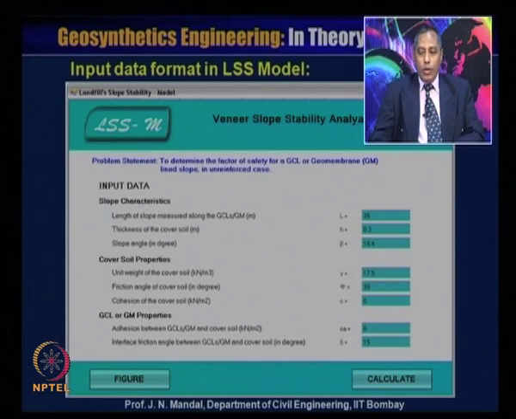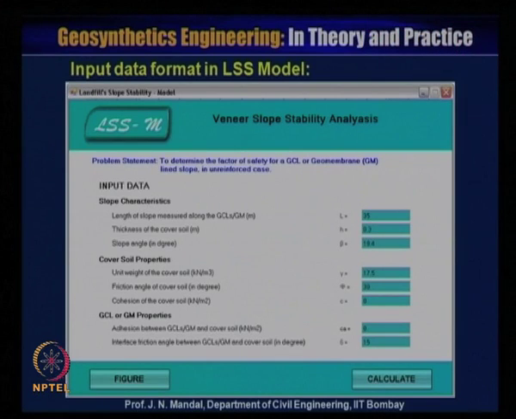So, adhesion between the geosynthetic clay liner or geomembrane and the cover soil, that is Ca, is equal to 0, and interface friction angle between the geosynthetic clay liner or geomembrane and the cover soil is 15 degree. So, this input data is required for the landfill slope stability analysis.